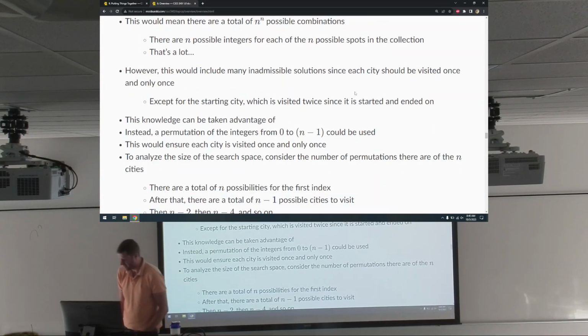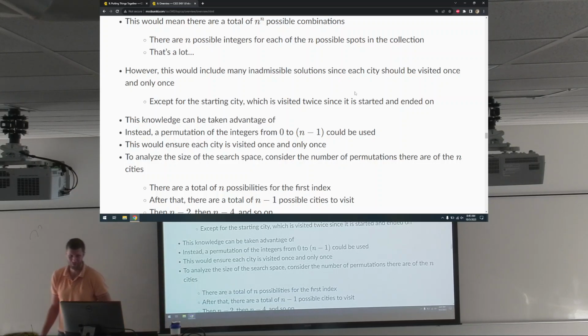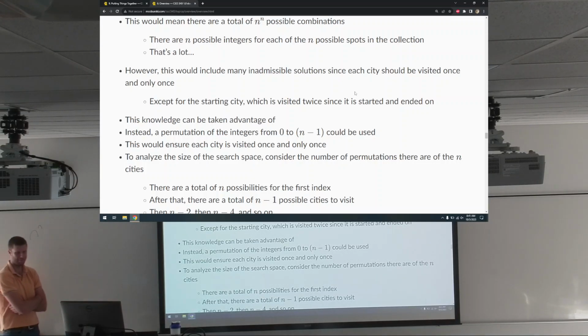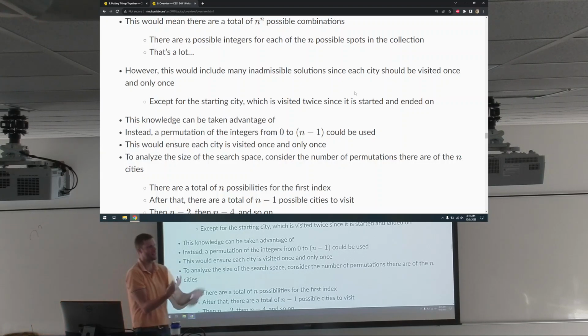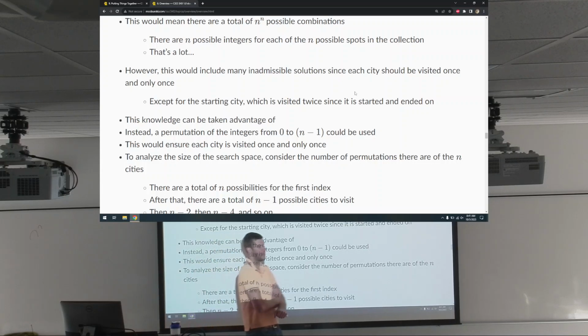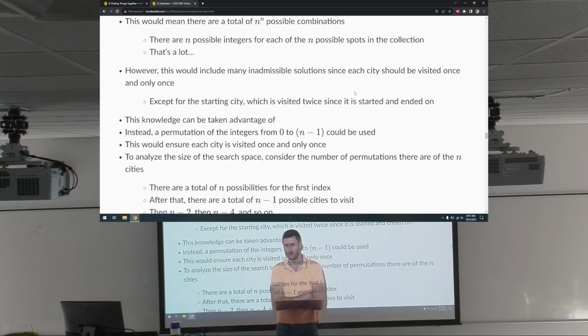But, as you were just pointing out, that includes a lot of inadmissible solutions. It includes the solution where you start at city 1, and then you go to city 1, and then you go to city 1, and so on and so on, which is stupid.